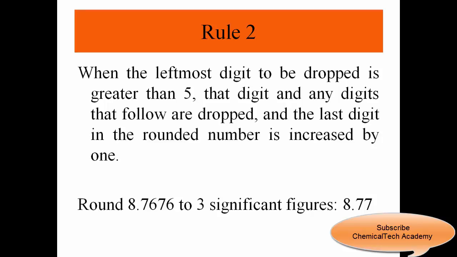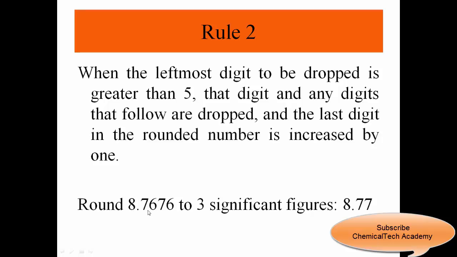Rule number 2. When the leftmost digit to be dropped is greater than 5, that digit and any digits that follow are dropped, and the last digit in the rounded number is increased by 1. So as you see here, the number is 8.7676, and we need to round it to 3 significant figures.